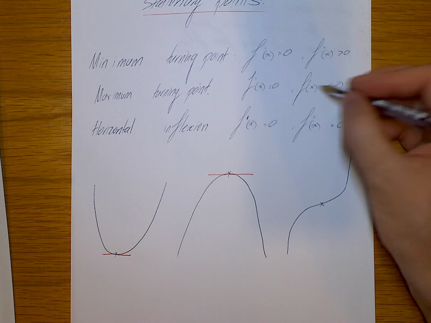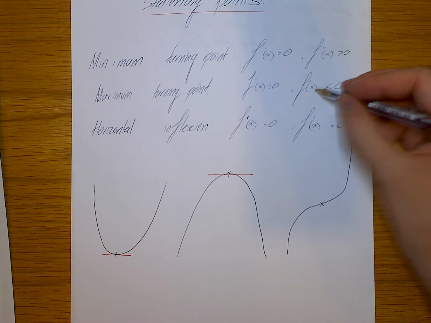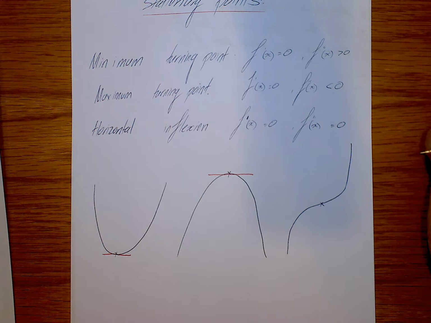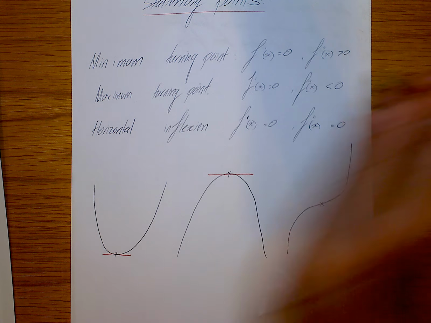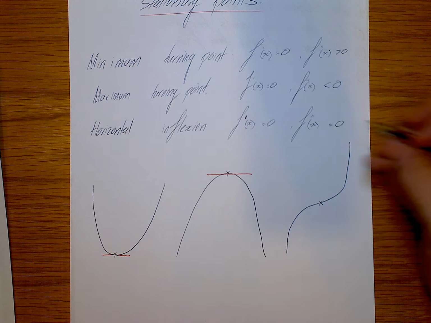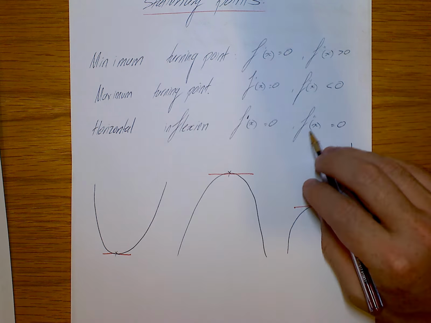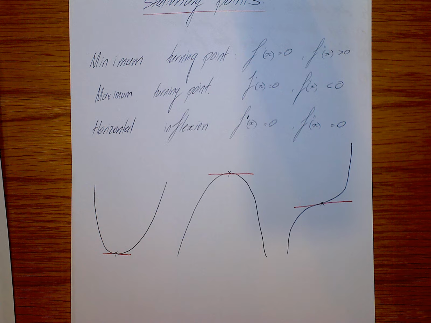And f double dash x is going to be less than 0. That is going to be curved down. Okay, so that makes sense. The horizontal inflection, this is going to equal 0, and this will also equal 0. That's a bit interesting. We'll come back to it a little bit later.